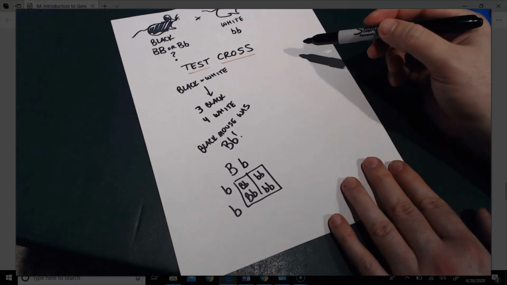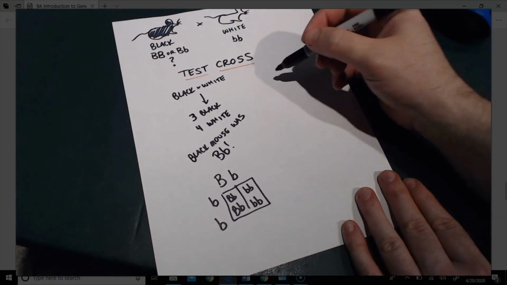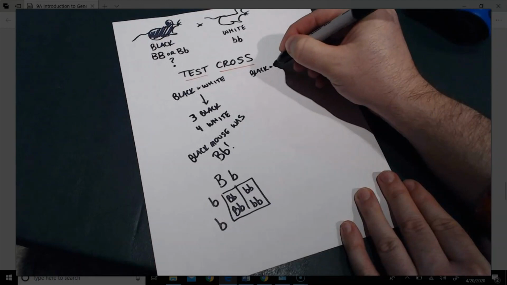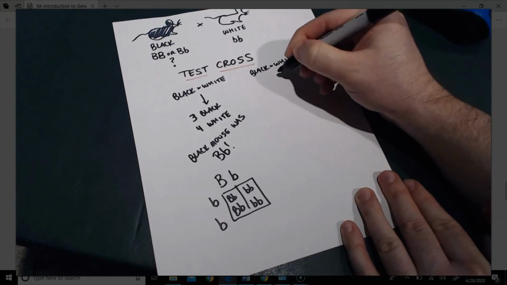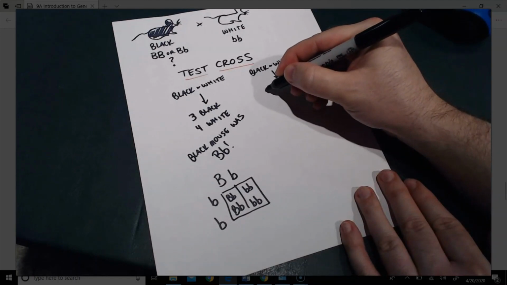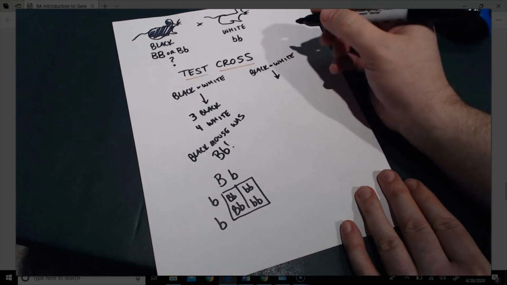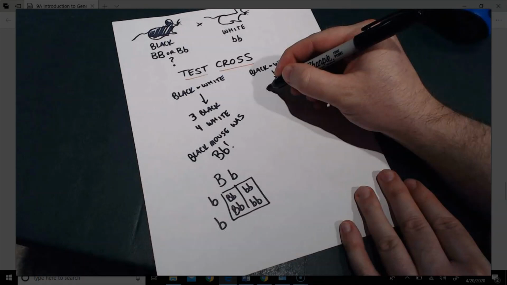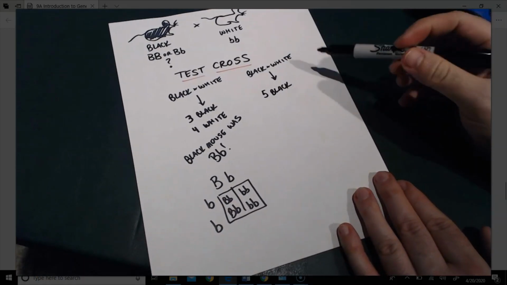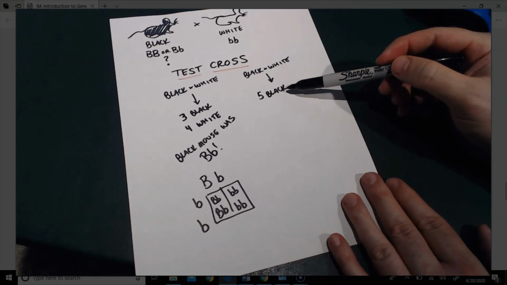Now, it does get a little funky, right? What if we did this? What if we mated the black to the white, and they had 5 pups. They had 5 black in the F1. Oh no, what are we going to do here?